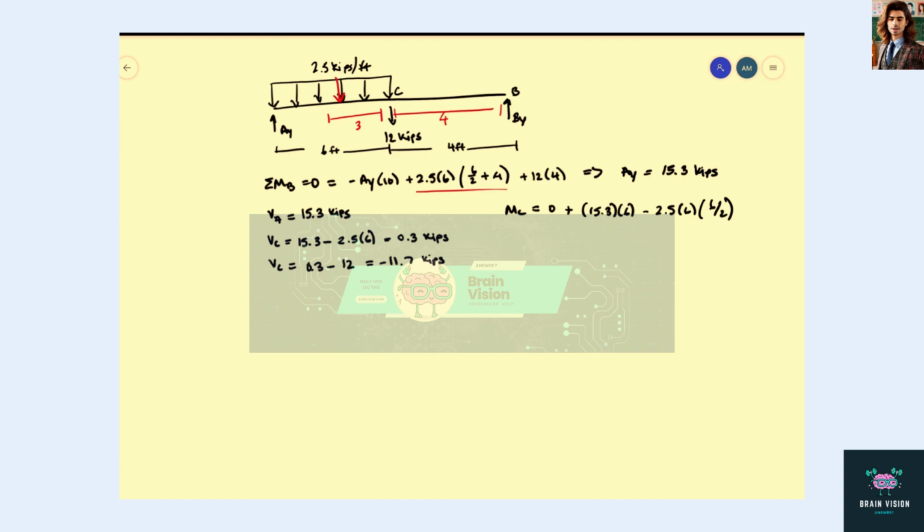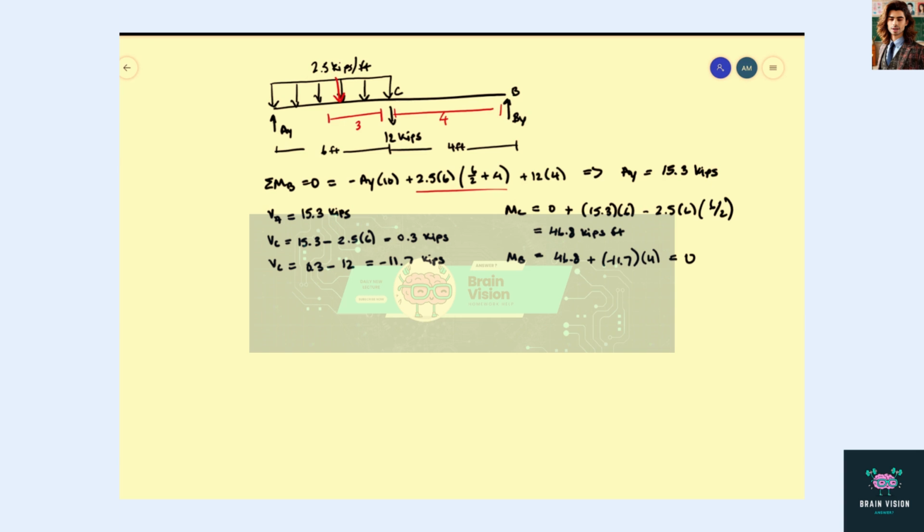And we get 46.8. And then from C to B, our bending moment now will be linear. So we have MB is equal to 46.8 plus negative 11.7 times 4. And that's going to be 0.